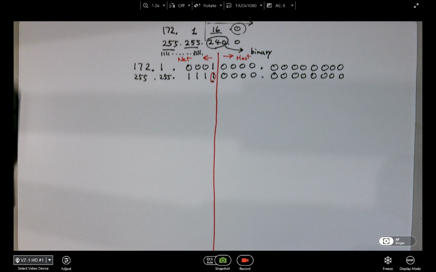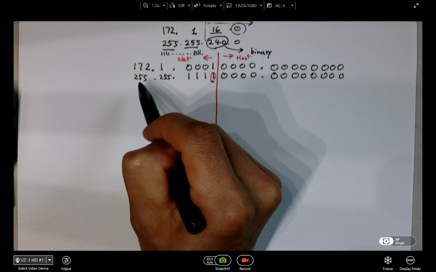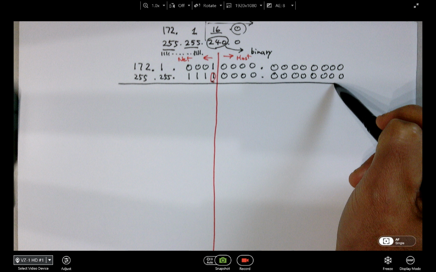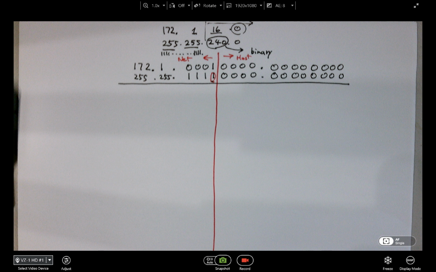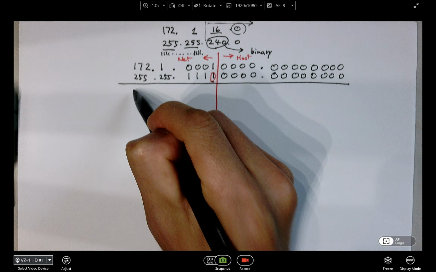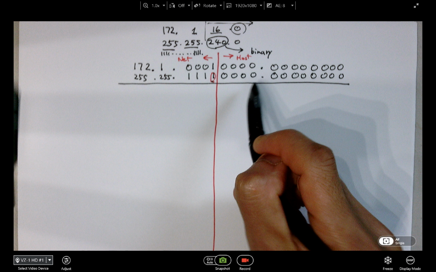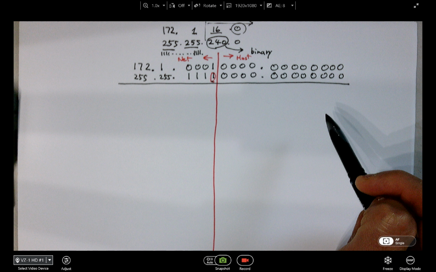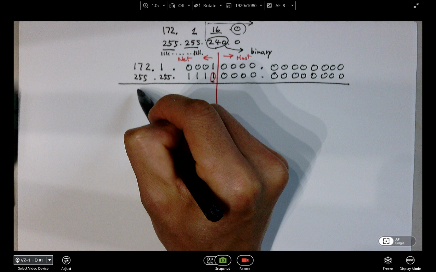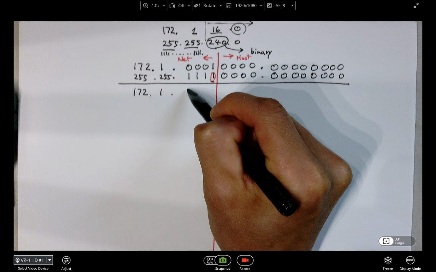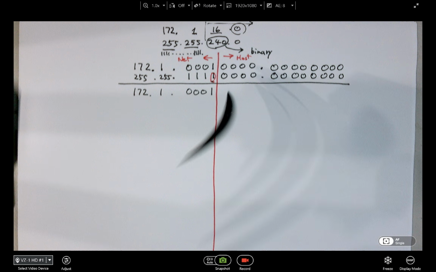And so let's draw the IP table, just like the previous example. The first address is the network address, right? And in the first address, obviously your host portion is all 0. That's another definition of the network address. So 172.1.0001, right?